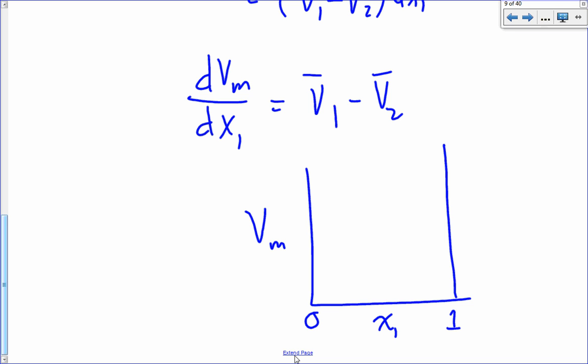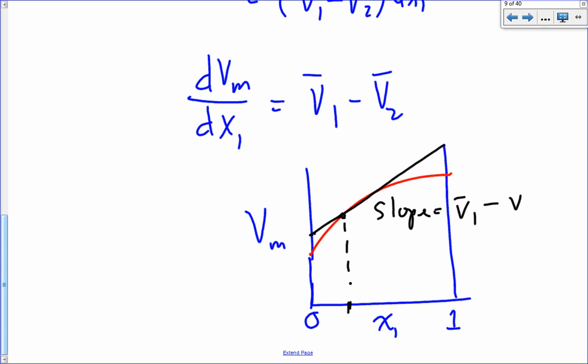So let's just say I have data that looks like this. Then for this particular mixture right here, the slope of the tangent line is going to be V1 bar minus V2 bar.